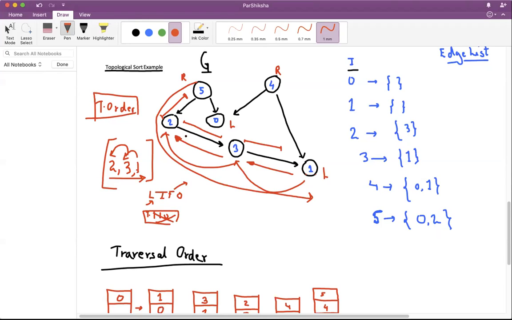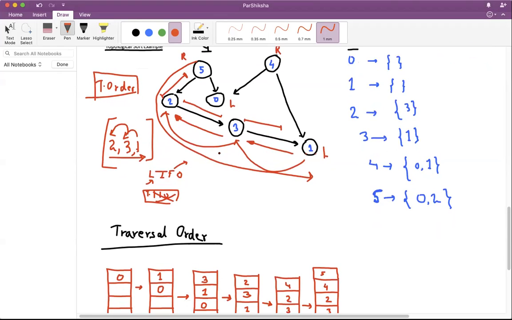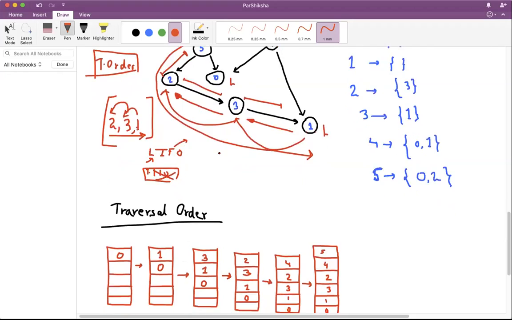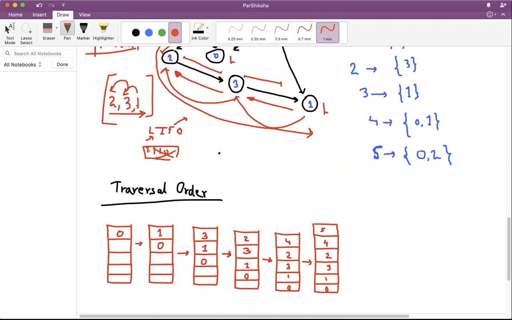So if in this traversal 5 is something that comes in last, it should go out first, right? So that is the intuition that we discussed, and a stack is a good representation of it. That's why we are using a stack. So essentially, if you're able to match these intuitions, saying that this seems like a use case wherein a LIFO ordering is required, and LIFO ordering is used by stacks, and thereby we should use stacks, that's how people are able to connect the right data structure to use, which is usually the crux of the problems that we end up running into.